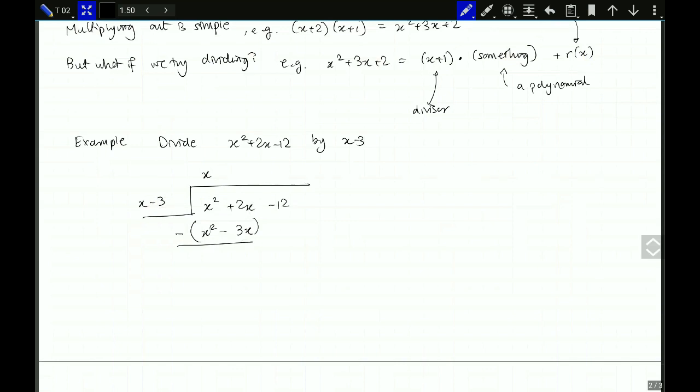So this minus this gives me 5x. And I still have the minus 12 from the beginning. So I should have a plus 5 to kill off this lower term. And this gives me 3 as my remainder.